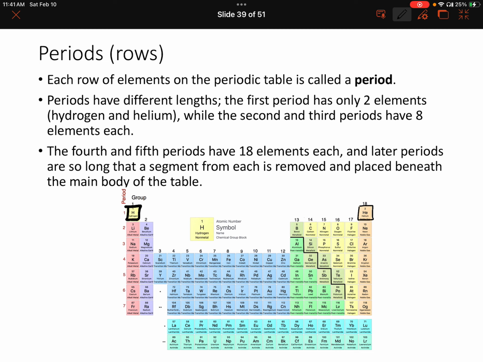Then the second and third periods, so rows 2 and 3, have 8 elements. Below that, we have the fourth and fifth periods, and they have 18 elements each. Later periods are really, really long, so we separate out some of those elements so that the periodic table is more compact.